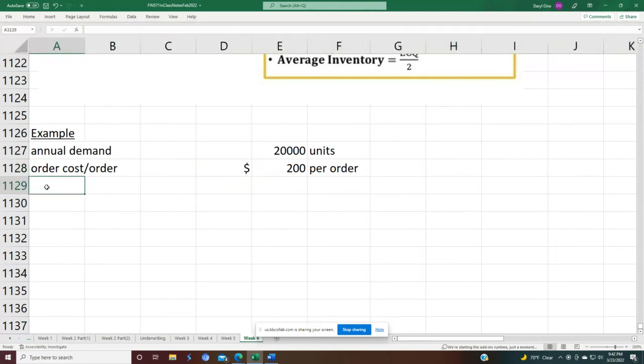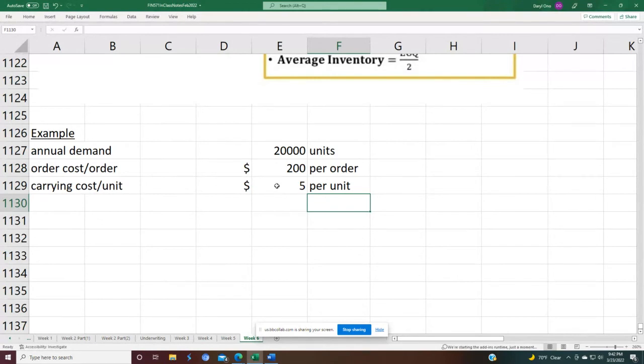Okay, and the warehousing cost or the carrying cost per unit, let's just say that's $5 per unit. I'm just making up all these numbers.